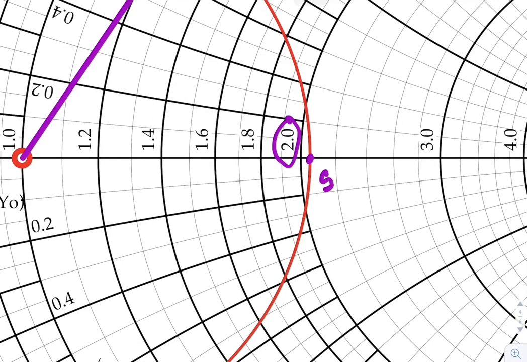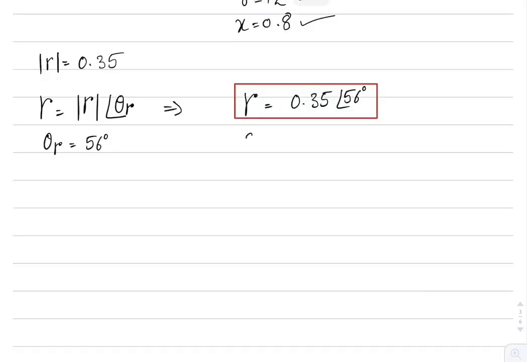This is 2.0, this is 3.0, so this line is moving in between these two, that is 2.05. Therefore our S value, the standing wave ratio, is equal to 2.05.